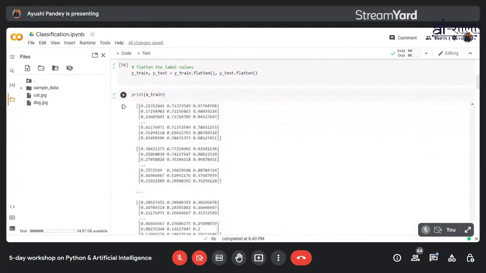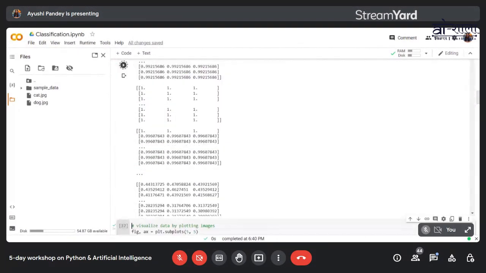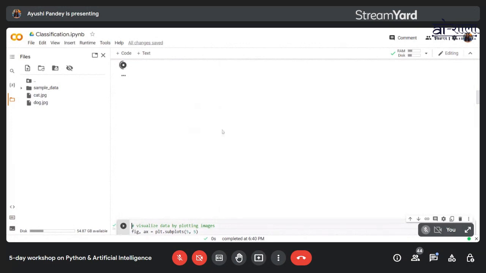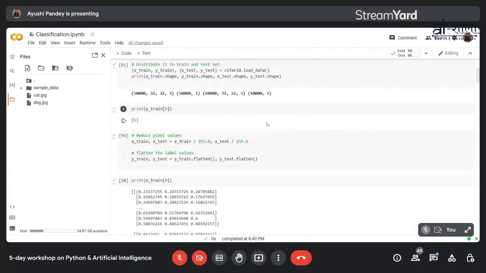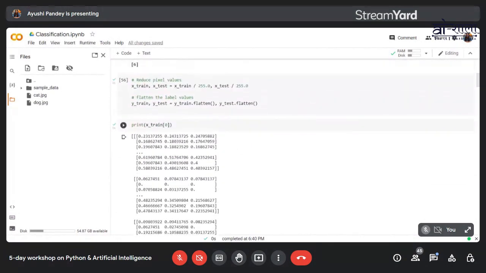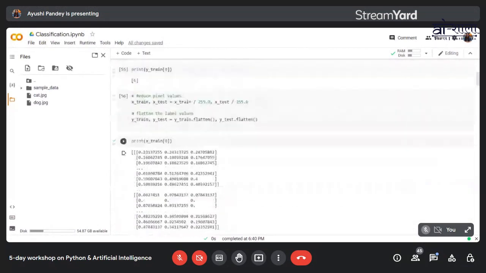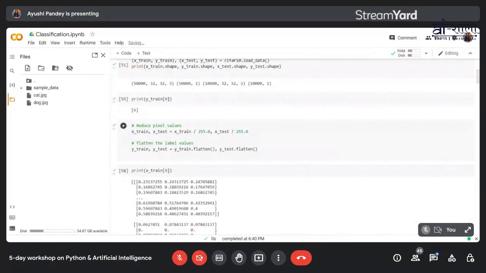All the values are between 0 and 1. This is the first image. So I have normalized it between 0 and 1. Why am I dividing by 255? Because in RGB, the color value lies between 0 and 255.